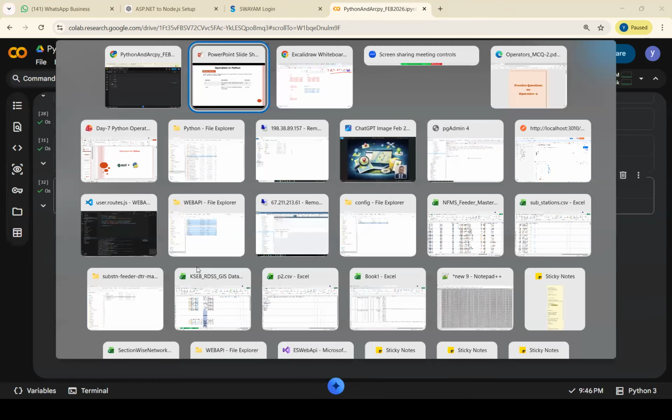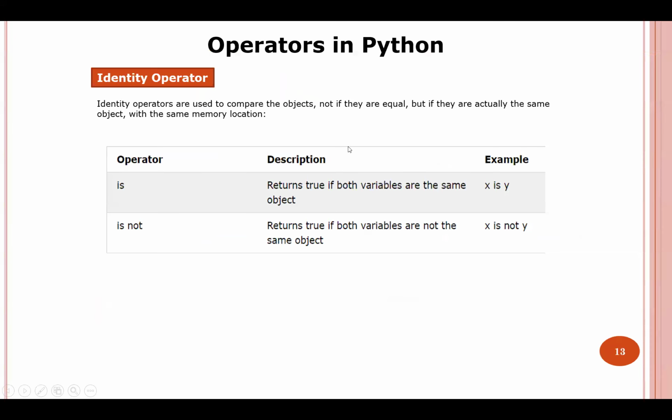So these are not identical. Whenever we check identity, it checks for exactly the same memory location. These are the identity operators: is and is not.